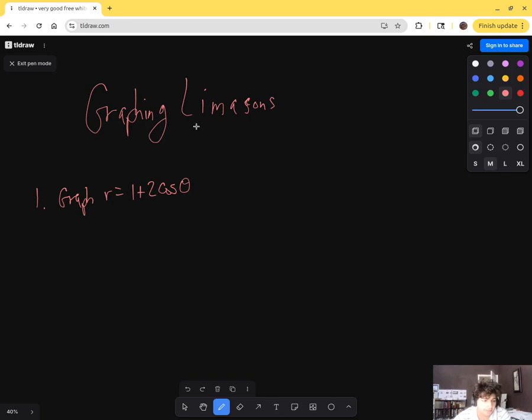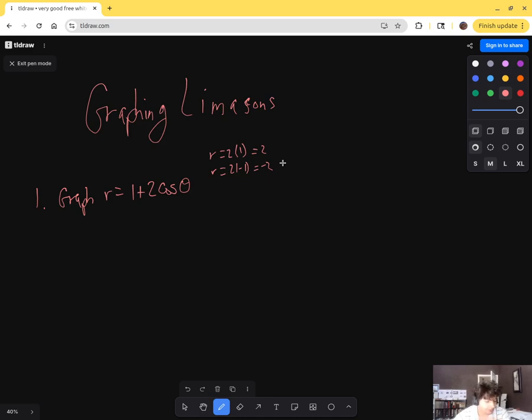let's find the max values, right? So let's plug in +1 and then -1 in substitution for cosine. So r is equal to 2 times 1 is equal to 2. r is equal to 2 times -1, which is equal to -2.